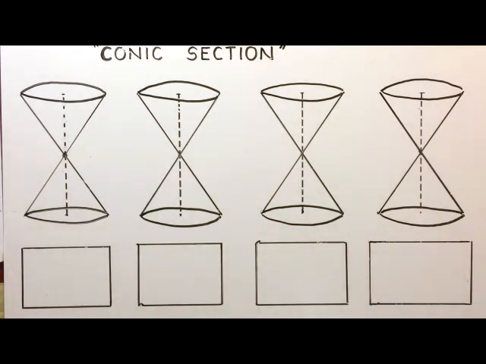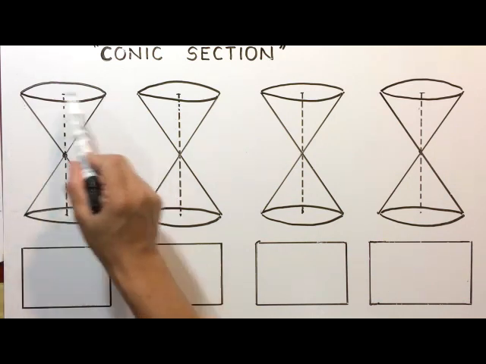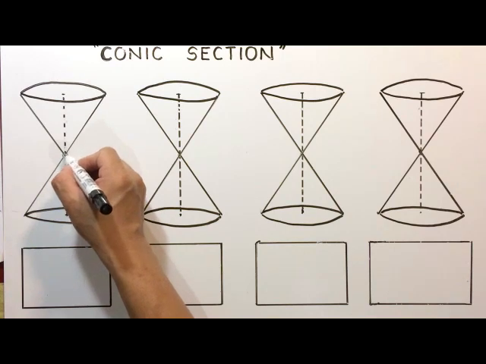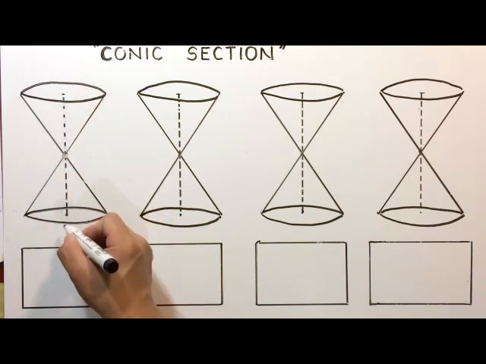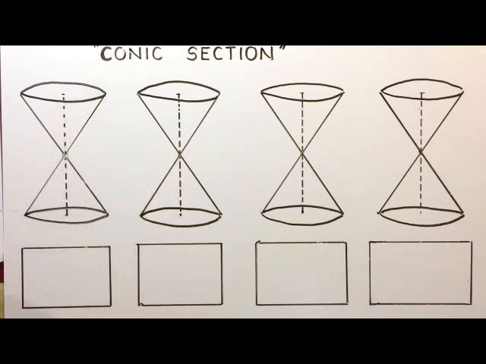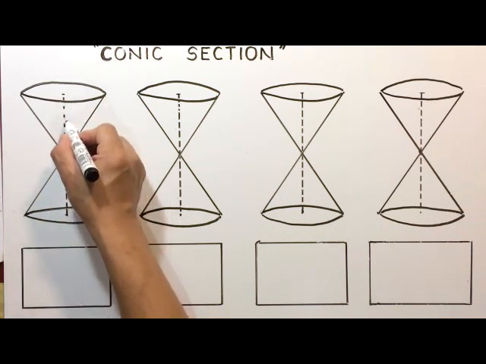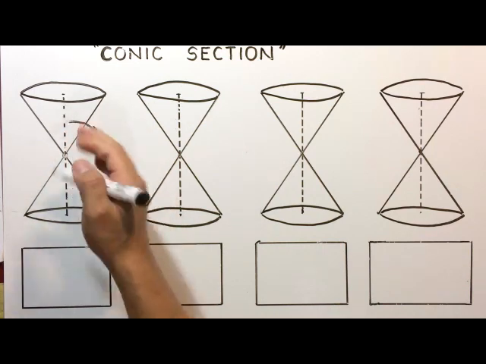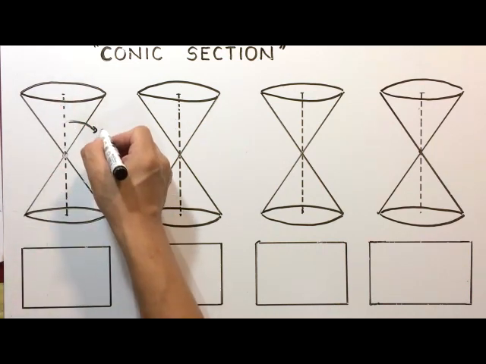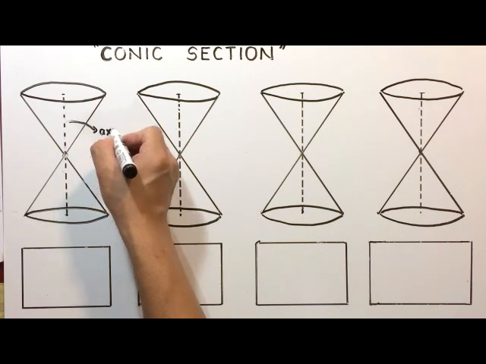So I'll show to you how these conics can be generated by these 2 cones that are connected at their vertices. Now, look at this conic. You can see there that this line at the center of the conic is an imaginary line. We call this one the axis of the conic.